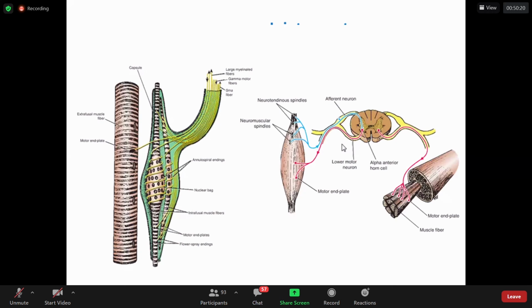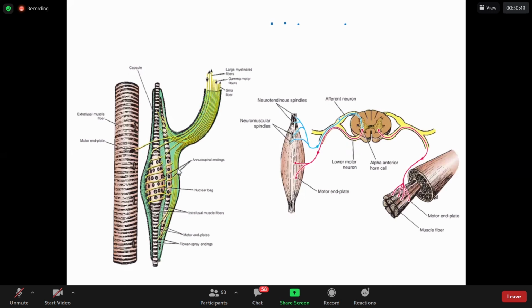The gamma motor neurons supply the intrafusal fibers, motor supply. That means when a gamma motor neuron is stimulated here, it will contract the bag fiber and chain fiber, right? Because the function of a motor neuron is to cause contraction. So when the gamma motor neurons are stimulated in the anterior horn cells of the spinal cord, they will eventually cause contraction of what?